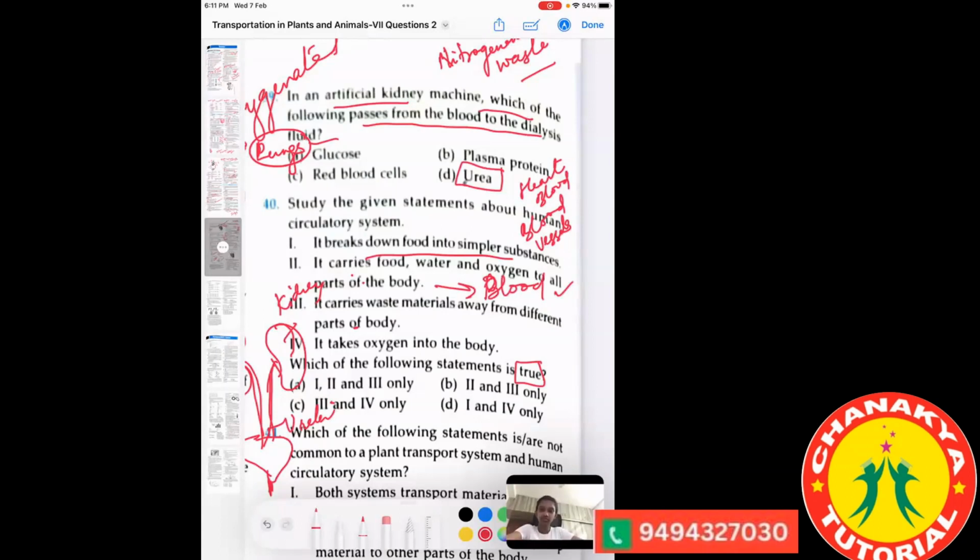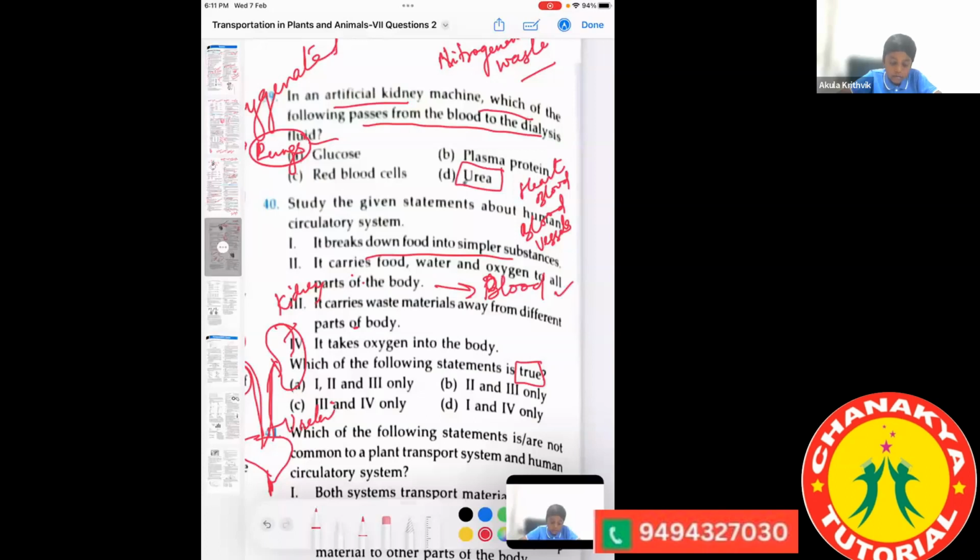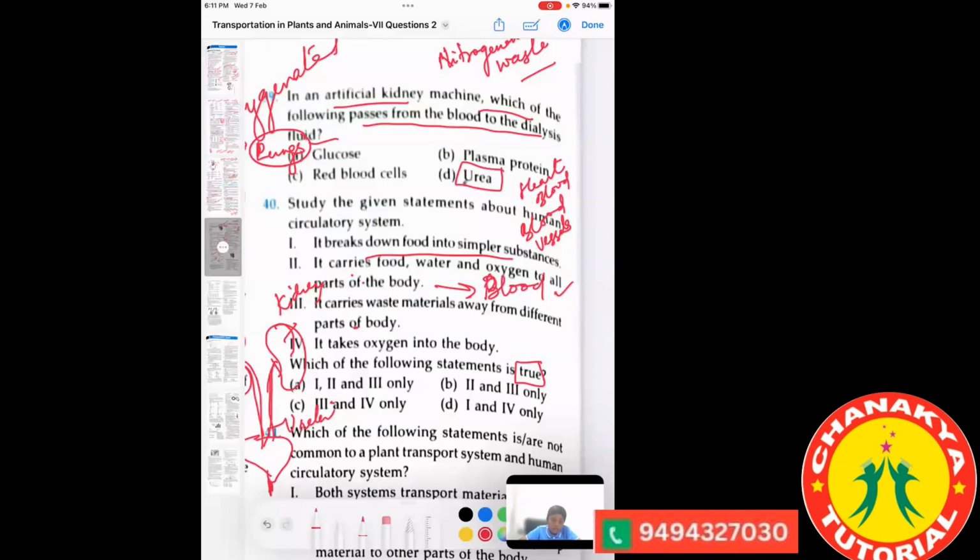Excretory system does. Yes, excretory system, but it certainly includes the blood and the blood vessels also, right? If the blood vessels are not there, if the arteries are not there, then how will the blood reach the kidney? So kidneys are getting that urea from the arteries only.